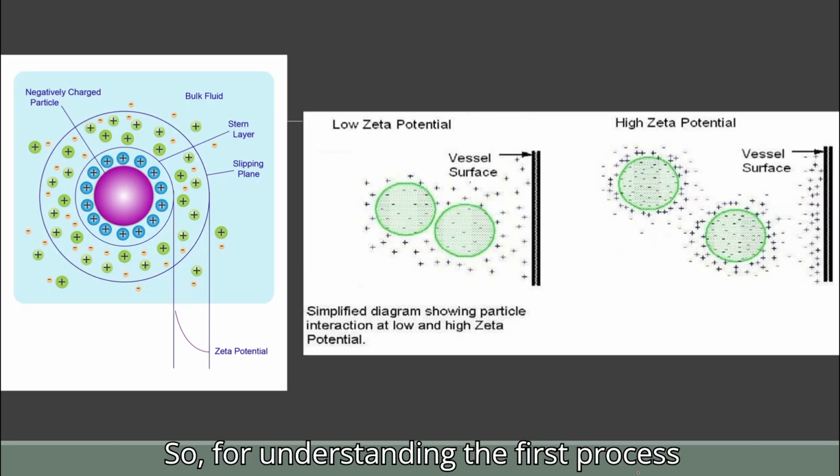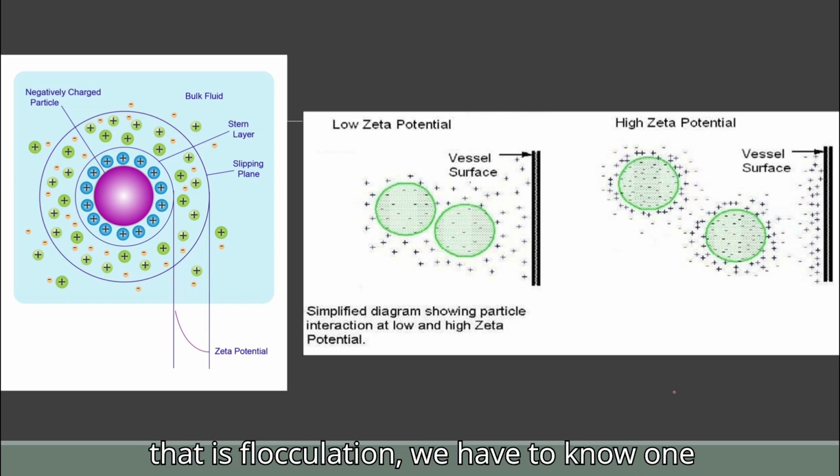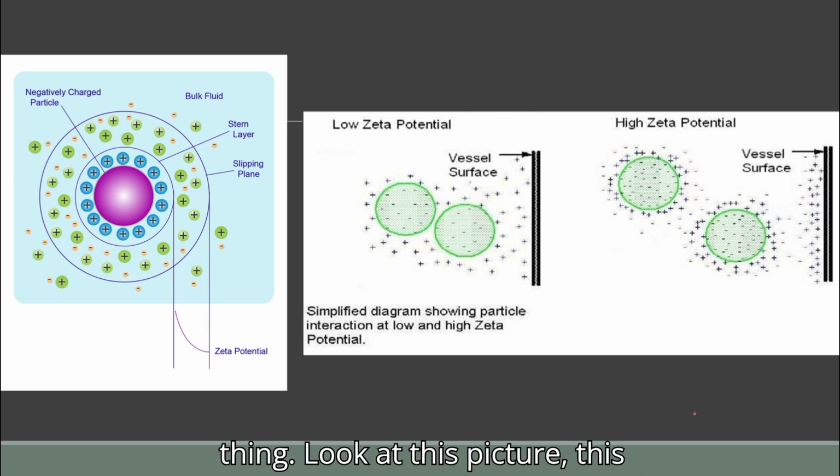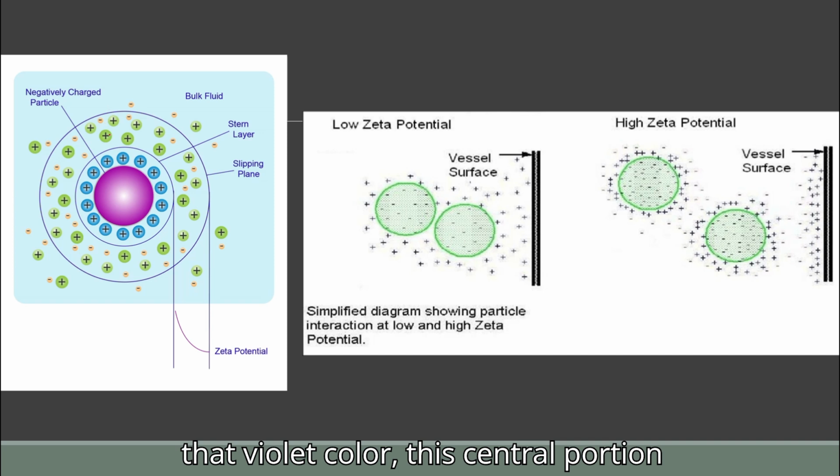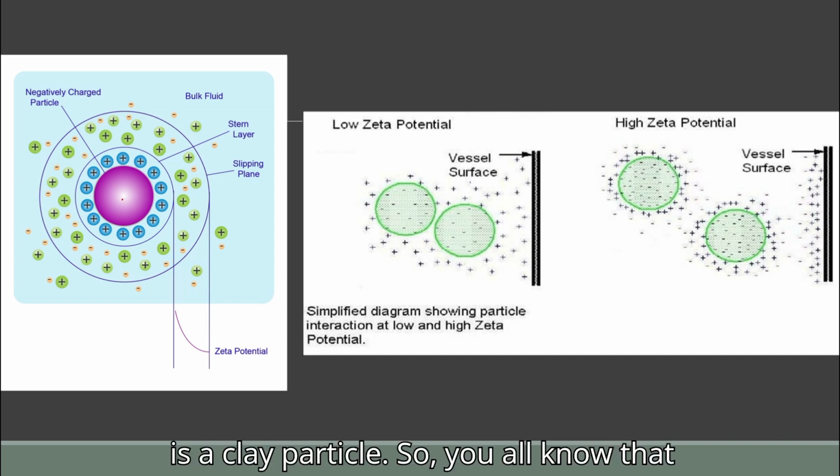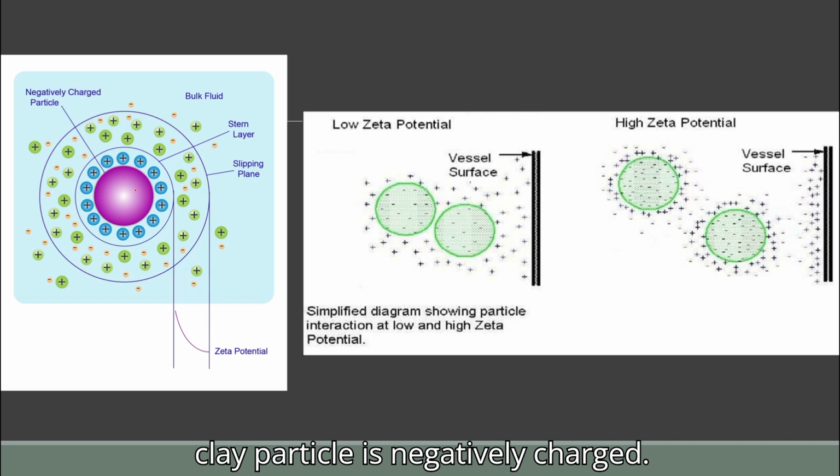So for understanding the first process, that is flocculation, we have to know one thing. Look at this first picture. That violet colored central portion is a clay particle. You all know that a clay particle is overall negatively charged.